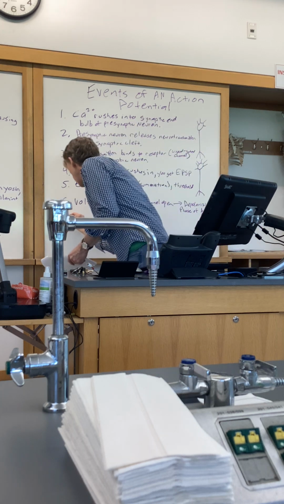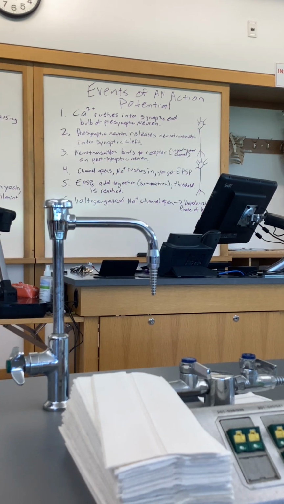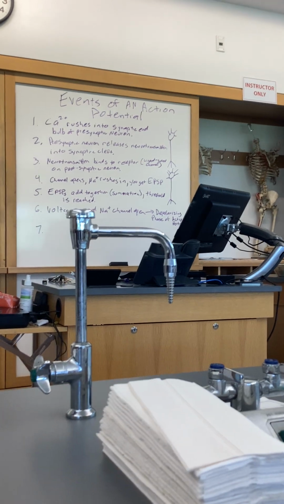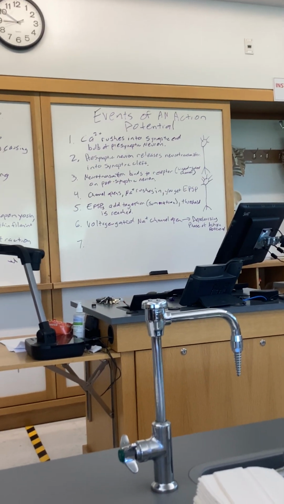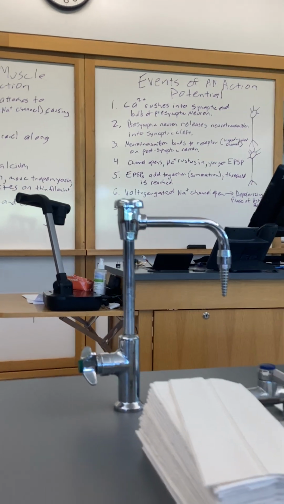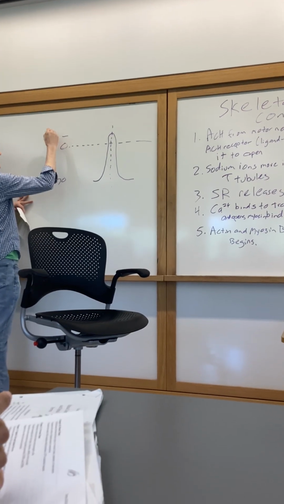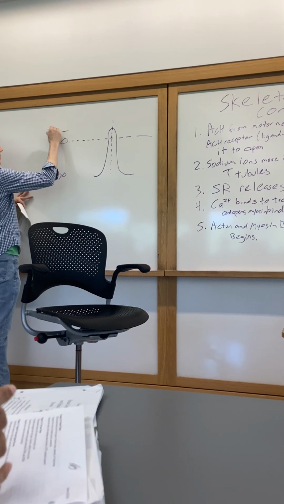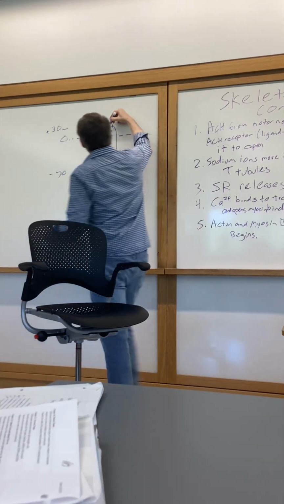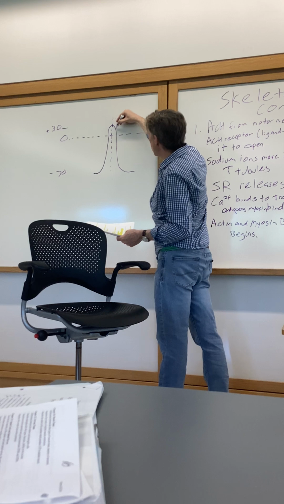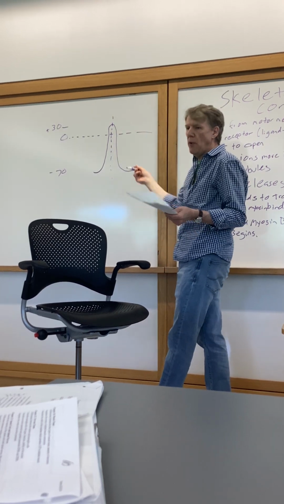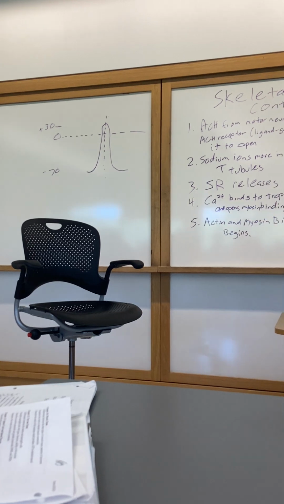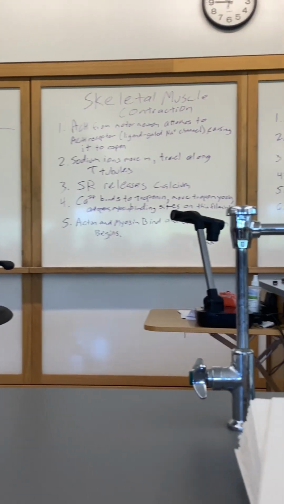And then, as you reach, remember this value here, right around there was 0, and down here was -70, and you reach a maximum of about +30, right? But once you reach that peak, then it starts going back down again. What's that phase called? Repolarizing phase, and that's due to what kind of voltage-gated channels opening? Potassium.